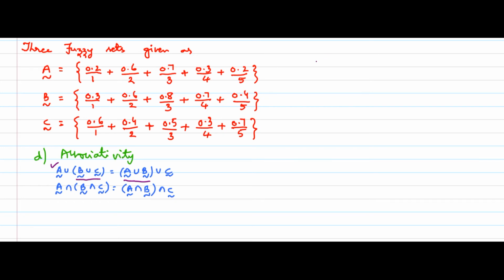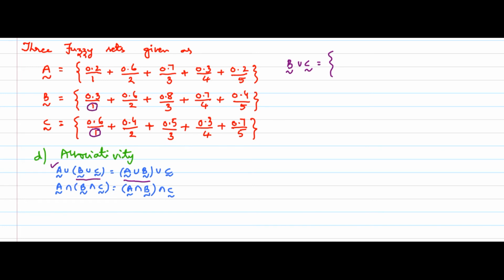Coming to the associative property here, first I want to solve the first one. A union of B union C is equal to A union B union C. So the bracket part I need to solve first. So let me move on to B union C first. As we already discussed, union means we need to identify the maximum out of those two. So those two fuzzy sets are B and C. Let me identify the maximum for x equal to 1.